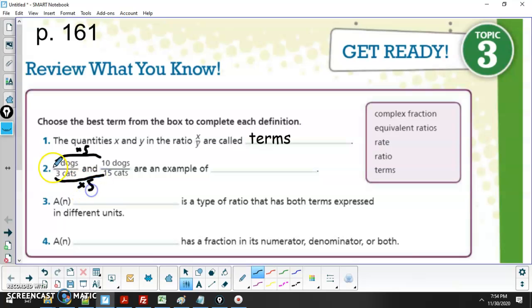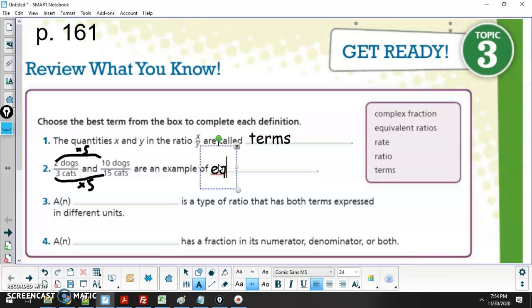You see? Multiply the top by 5, you get 10. Multiply the bottom by 5, you get 15. You have to multiply the top and bottom by the same number. And if the same number works to give you the other fraction, it's called an equivalent ratio, okay? And it could be dividing the top and bottom or multiplying the top and bottom to get the other fraction.